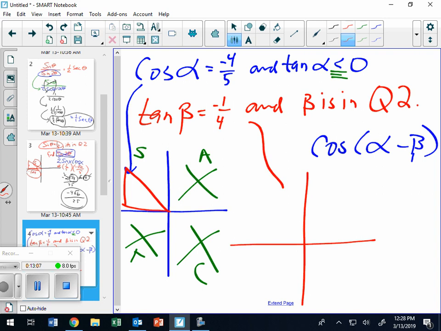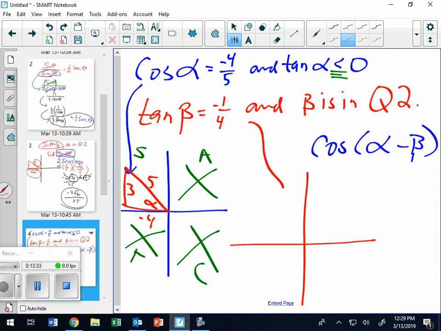Now, within that, I have cosine is adjacent, negative 4, hypotenuse 5, and I recognize the 3, 4, 5. Awesome. Okay. Then I'm going to think, what angle is that? That's angle alpha. And it's smart to label it in there, because then later when they're asking, like, what's cosine of alpha or sine of alpha, that's the triangle that gives you alpha.